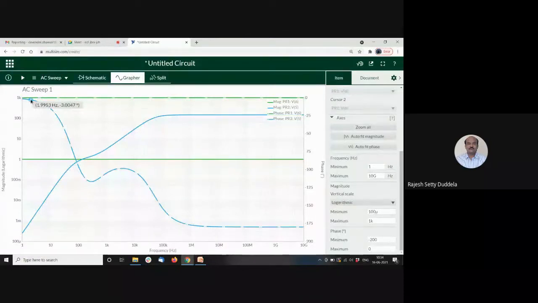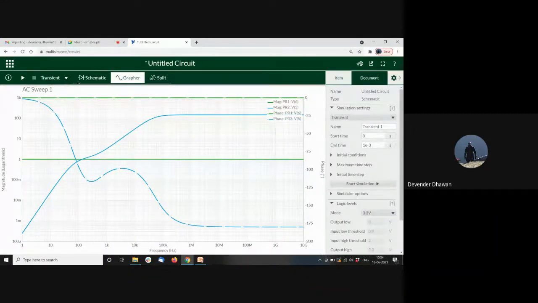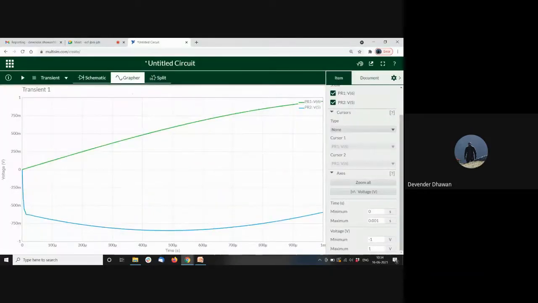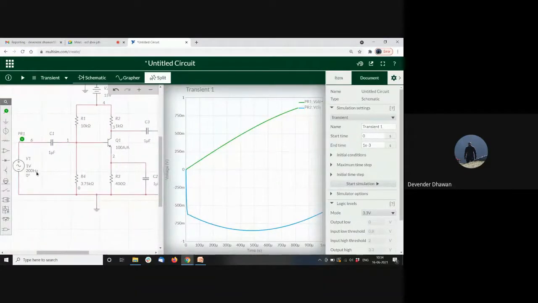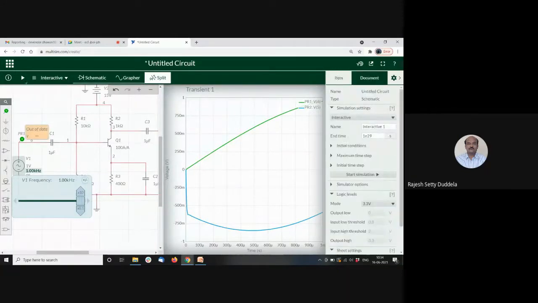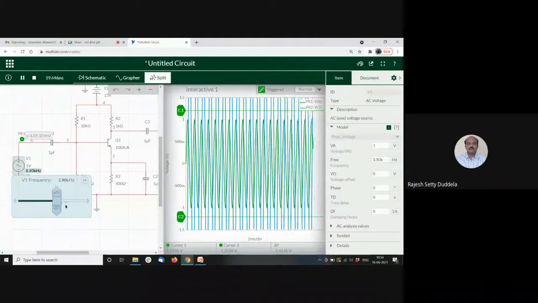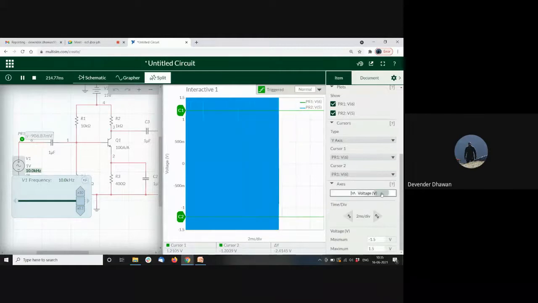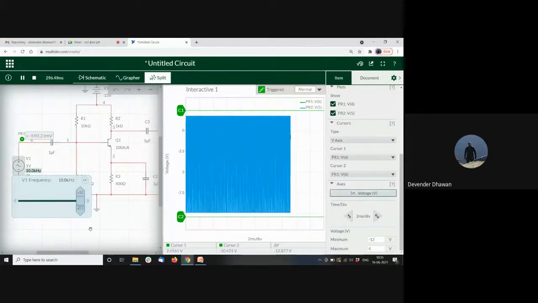Sir, higher cutoff frequency is not visible. Higher cutoff frequency? No, there we don't see any higher cutoff here. Even if I go and do an interactive session here, if I run it and keep on increasing this value, after one point it will stop increasing, and then it will remain constant afterwards.